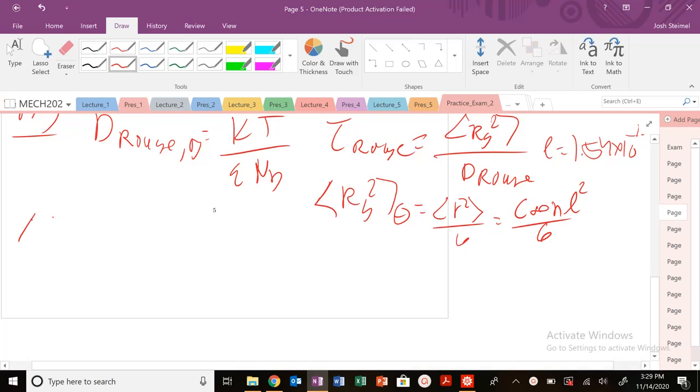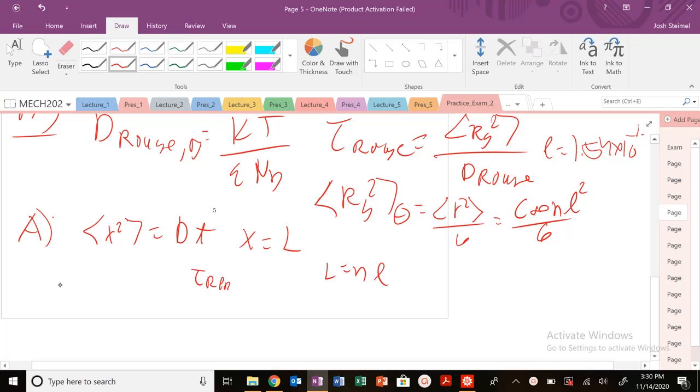Now, what about A? Well, for A, we know that we are in the reptation regime. To calculate our tau reptation, we need to think about our general equation for diffusion: x squared equals D times t. If we want to calculate our longest relaxation time, tau reptation, that is equivalent to when we move a distance or create a new tube, i.e. where x equals L, where L is equal to our contour length.